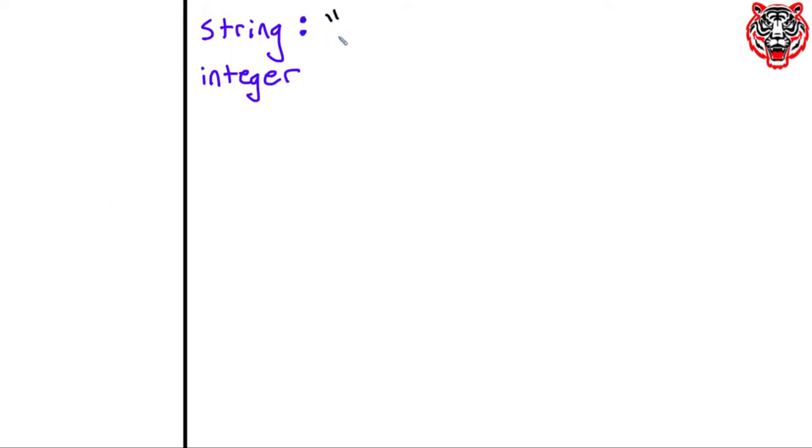Notice that it starts out with quotes and it says something inside like hello, and then it ends with quotes. That is a string. You should think of strings as words or things that you want to display as text. Integers are pretty straightforward. They're whole numbers. So an integer could be like 2. That's as easy as it gets. So kind of as a summary, integer is a whole number, and a string is like a word.